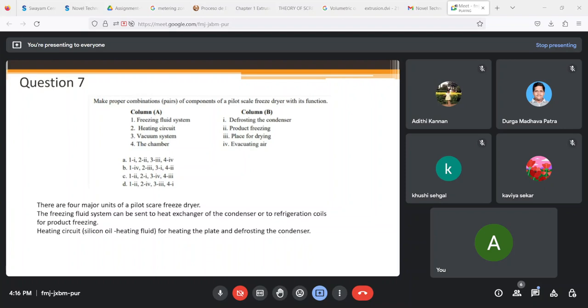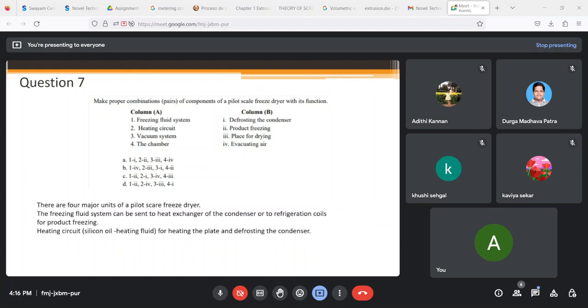If you don't remove the accumulation in the condenser, your freeze drying efficiency will reduce. So it is necessary to defrost your condenser time and again so that the efficiency of freeze drying is not affected. The heating circuit provides the heat of sublimation and also defrosts the condenser so that the efficiency of your process remains the same throughout.